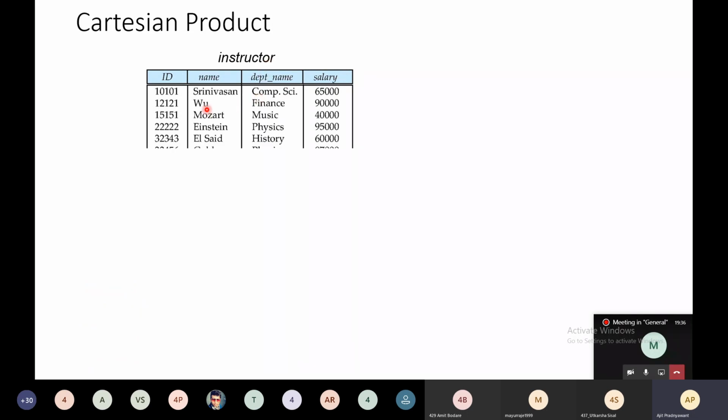And suppose these values are present in these respective tuples, that is rows. In the first, Srinivasan, computer science, 65,000 salary. Similarly, some records are present in this instructor relation. So we have seen how to identify entities, how to identify entity sets, how to find the relations, and then how to create the tables. We have seen it up to the last lecture.